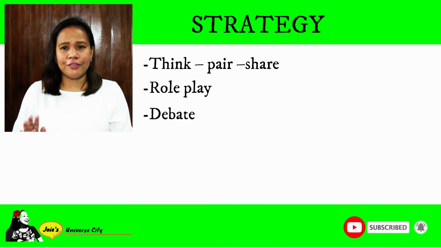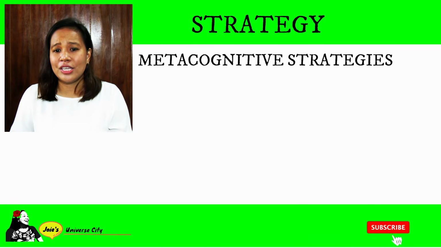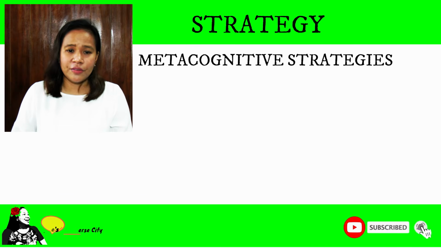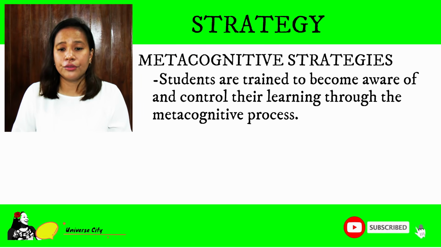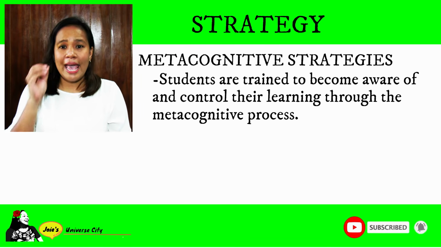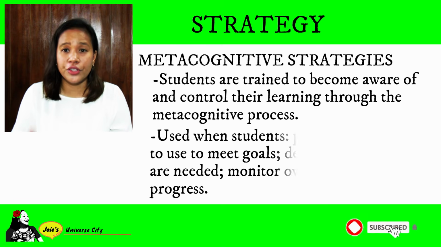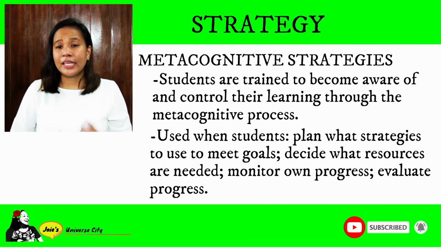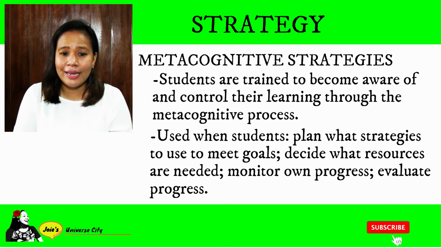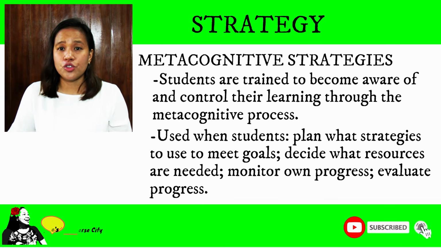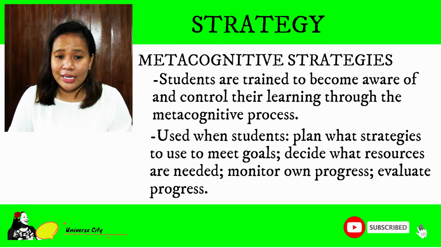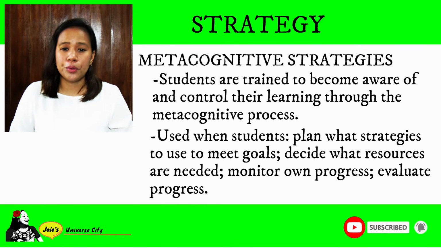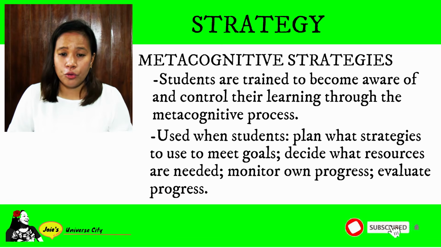We also have things called metacognitive strategies. These are strategies that students are trained to become aware of and control their learning through the metacognitive process. These strategies are used when the students are given opportunities to plan what strategies are used to meet a particular goal, decide what resources are needed, monitor their own progress, or evaluate their own progress.